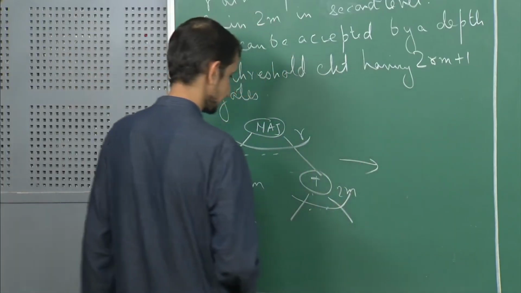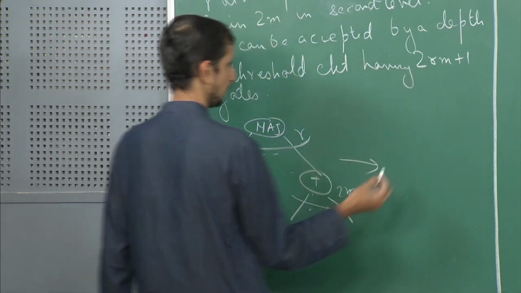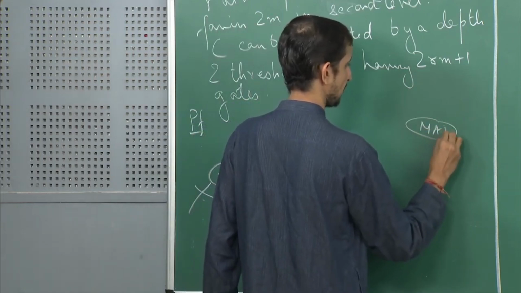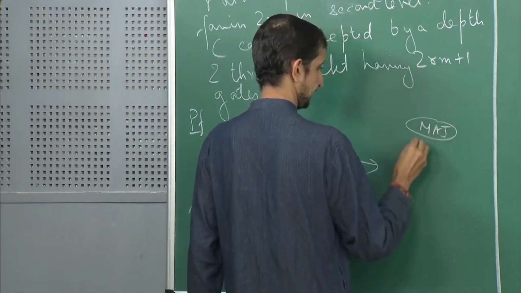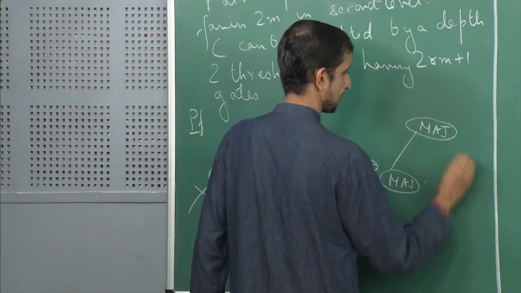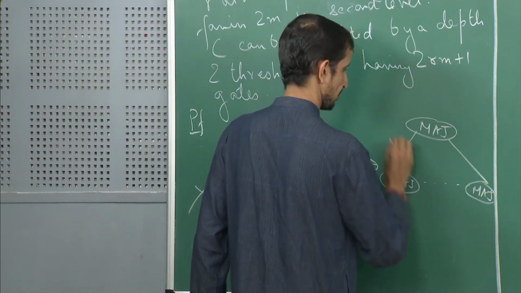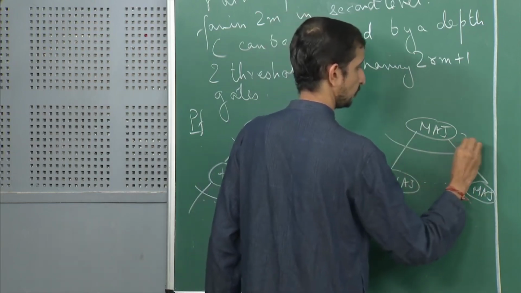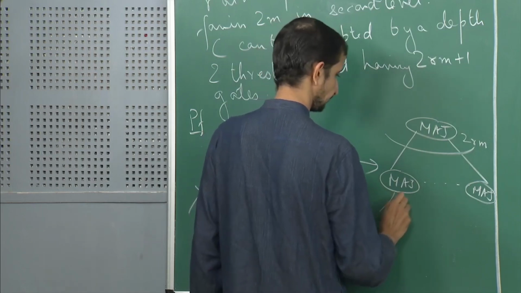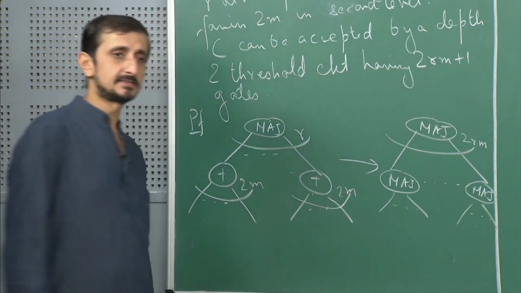Then I can reduce this to a circuit which will have one majority gate at the top, and 2Rm majority gates in level 2.